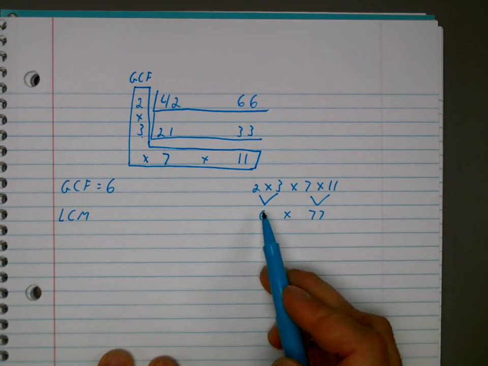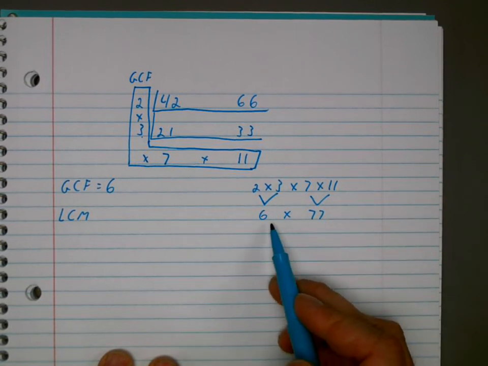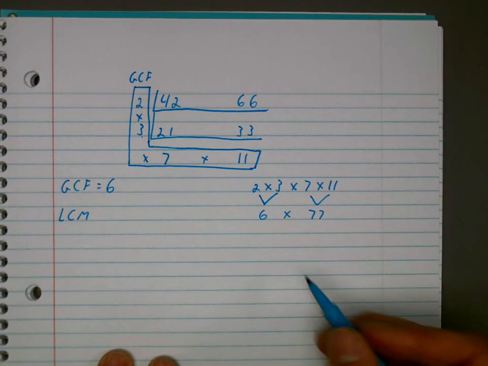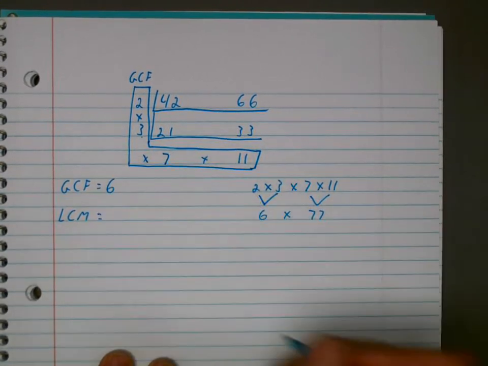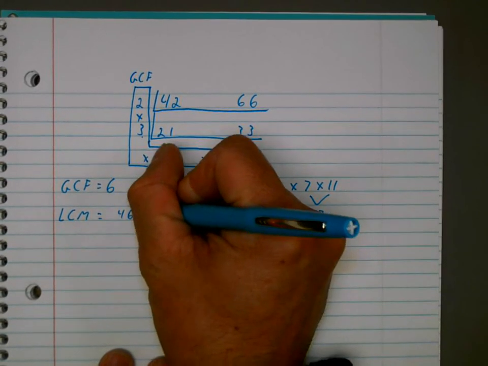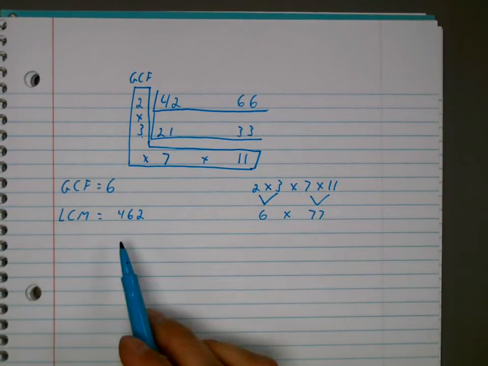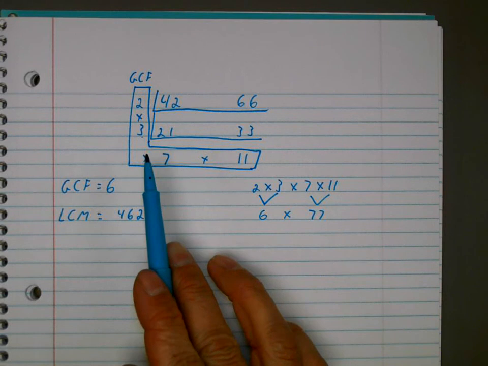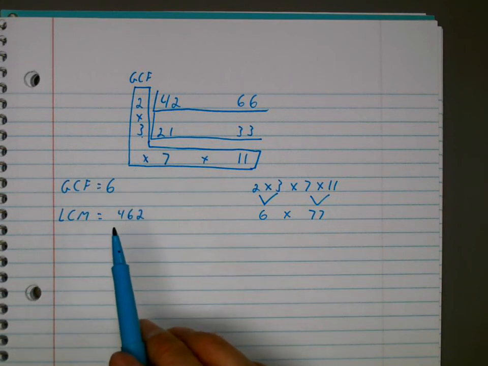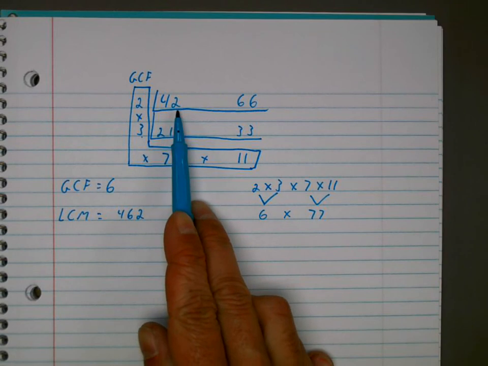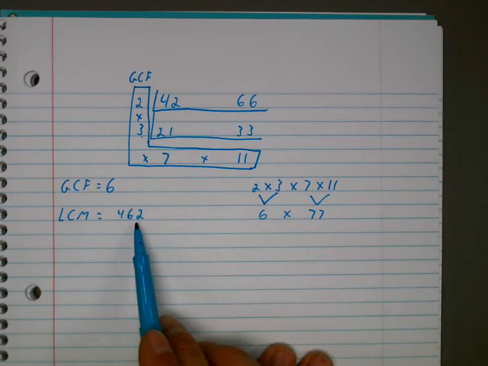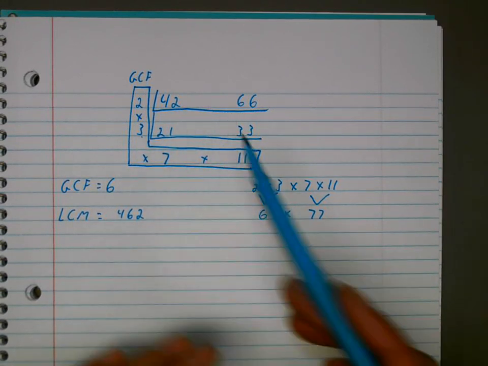So now I just have 77 times 6, which, again, you do off to the side, but it's going to give you 462. So that's the least common multiple between 42 and 66. That means that I would have to multiply these out multiple times, and when I got to 462, that's when they would both intersect.